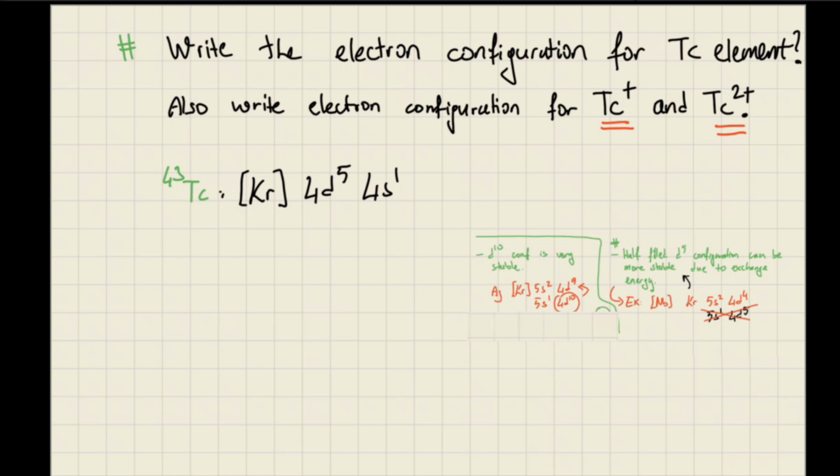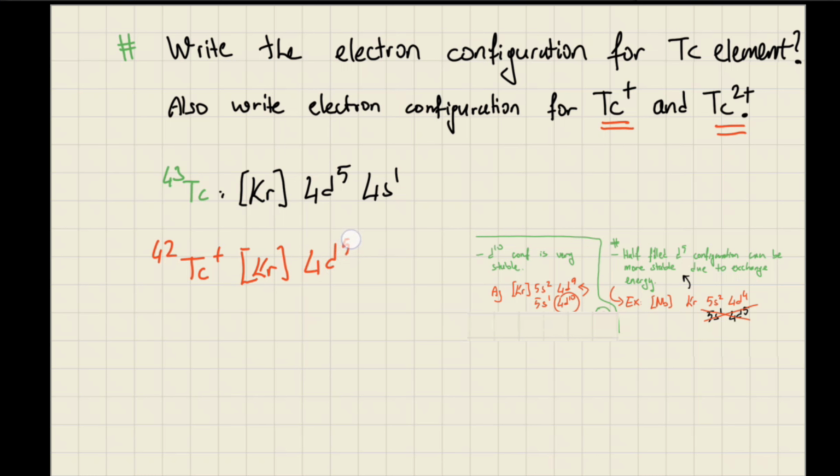So if we look at the Tc plus electron configuration, it should have 42 electrons. And we have to consider the Aufbau principle. So the most energetic electron is the s electron. So we have to remove the s electron.